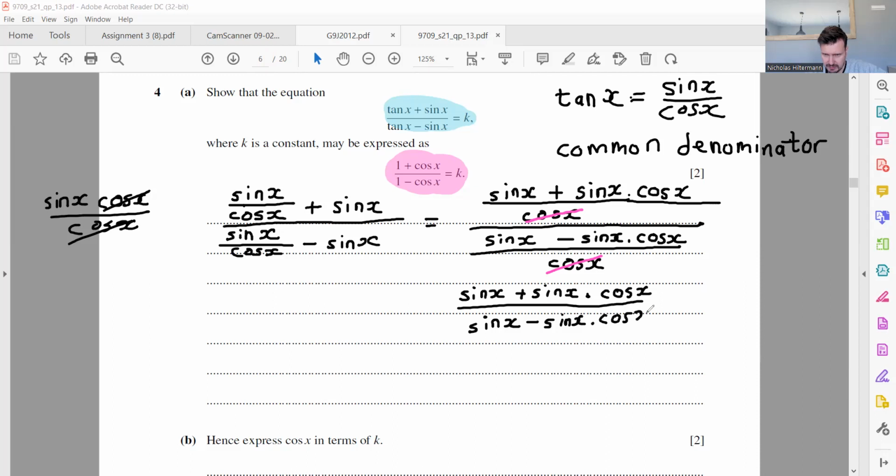Okay, so now notice that we have a sine x in both. So we take sine x as a common factor. So a common denominator, now a common factor. What am I doing? I'm taking a sine x out of both.